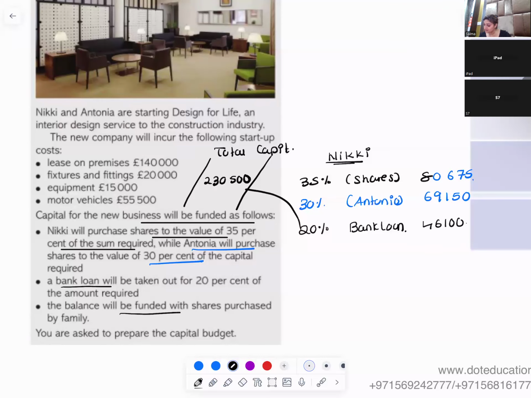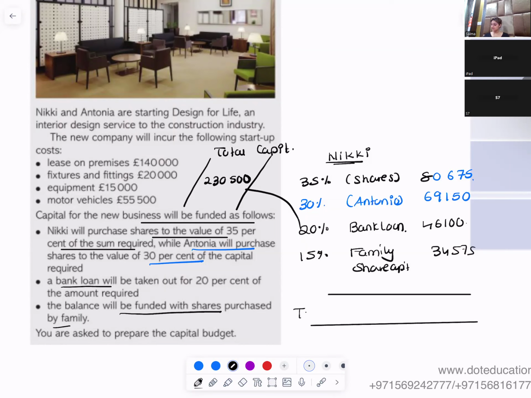And the balance will be funded with share purchases from family. 35 plus 30 plus 20 is 85, so 15% will be family share capital, which is 34,575. So the total capital that is required is 230,500. Are you with me?